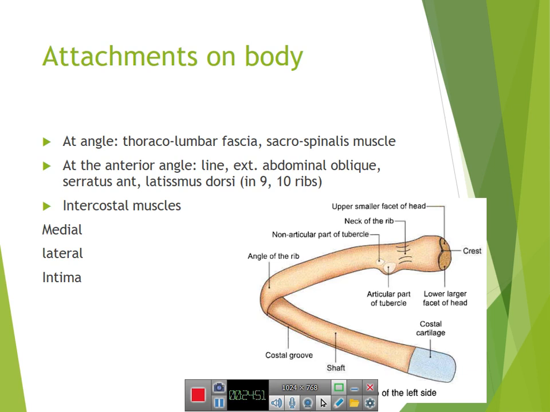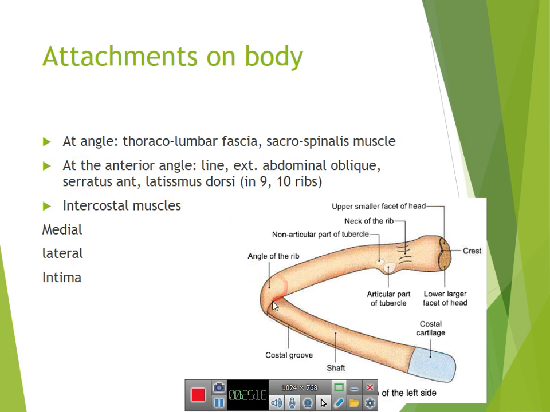That is very important to keep in mind: where the anterior angle is and what its attachment is. The line separates the origin of external abdominal oblique from the serratus anterior and latissimus dorsi. That's important: anterior angle and posterior angle.